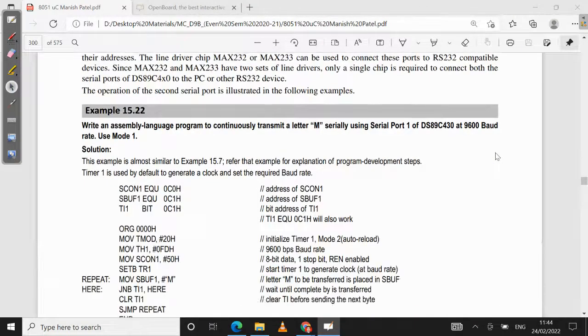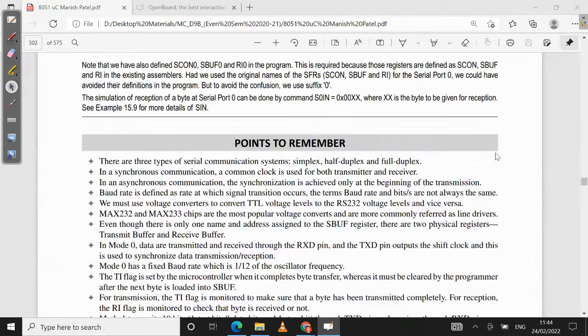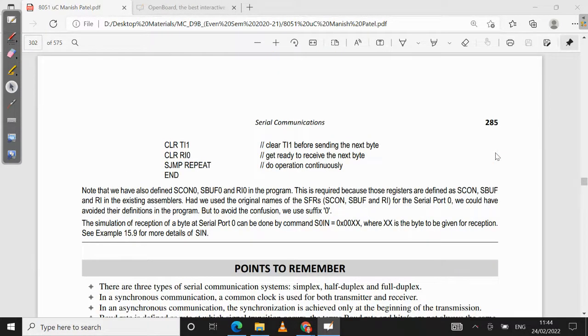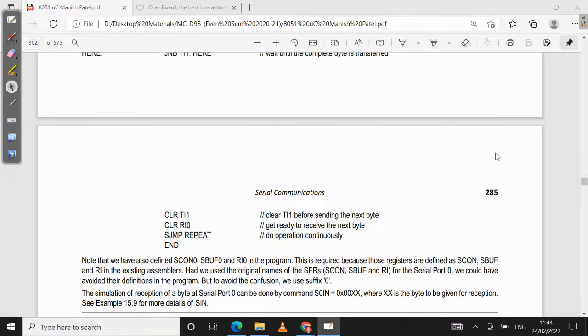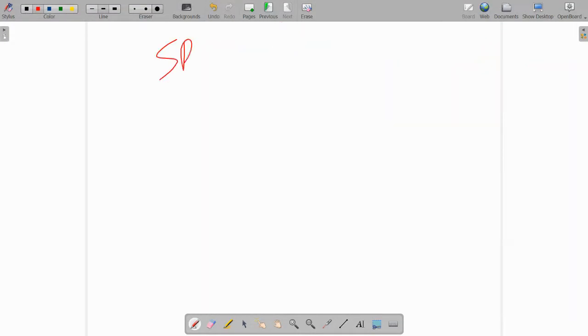Regarding the PCON register we will see afterwards. That thing I will explain you afterwards. So what I have to say is that we have studied SBUF and SCON register in detail.